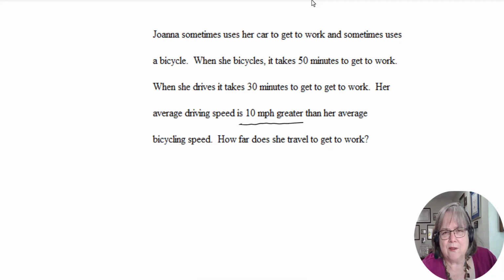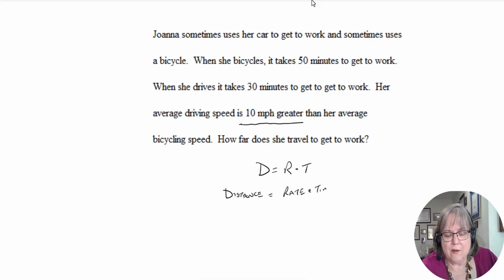So once they start talking about those, which is a very common problem, these are almost always centered around this: distance is equal to rate times time. So the distance that you travel is equal to your rate, how fast you're moving, your speed, times the time that you're doing that.